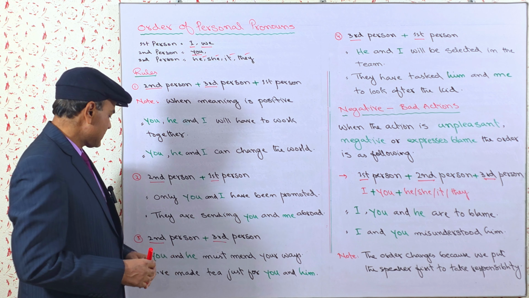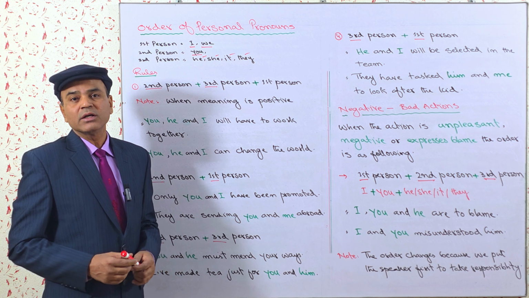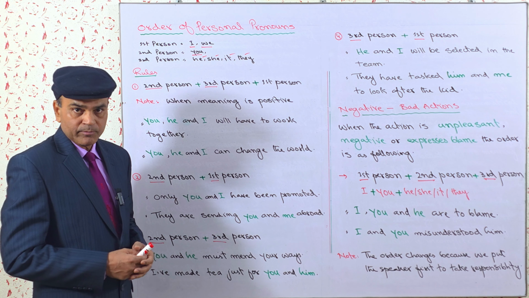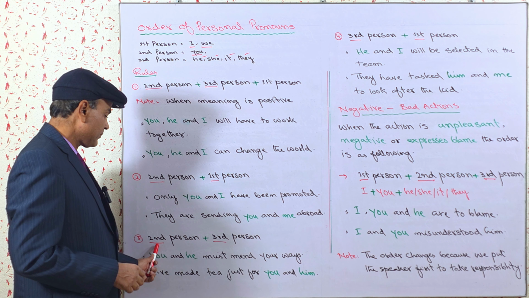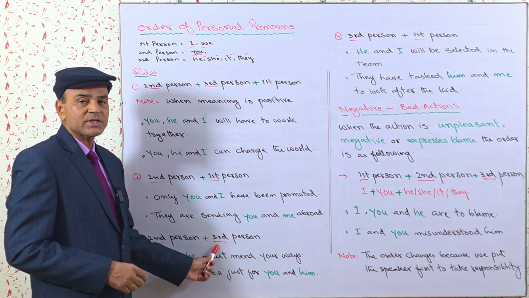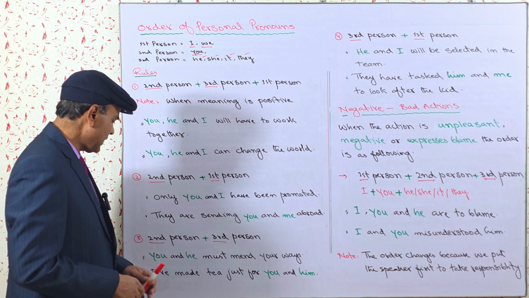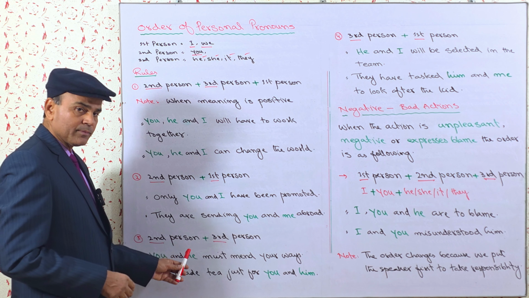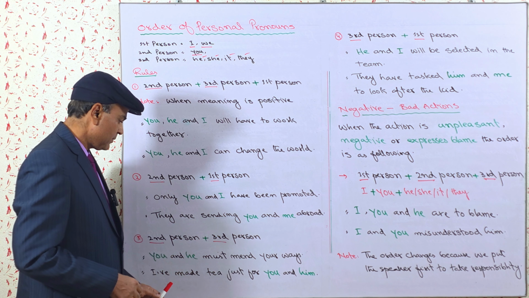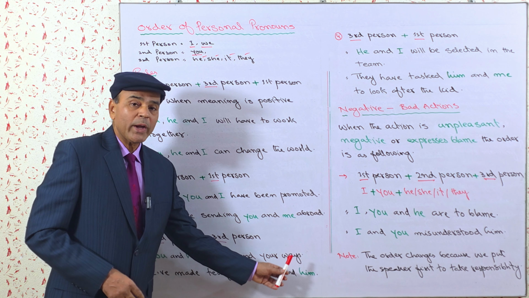The third rule is that if you have second person and third person, you will place second person first and third person later. Like you and he: you, second person, he, third person, must mend your ways.